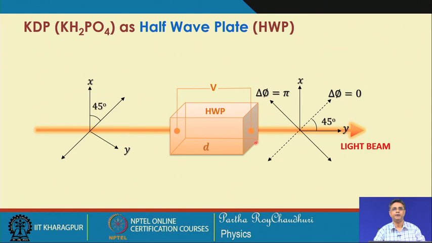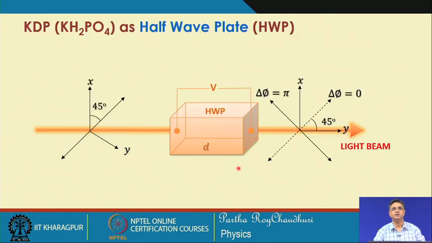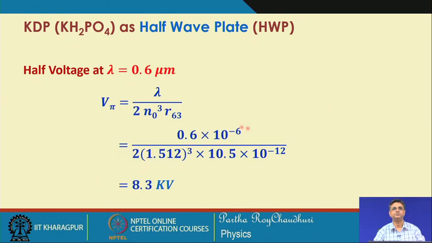So, as a half wave plate, this is the configuration. You have your x, y, and this is at 45 degrees to x and y of the old coordinate system. The voltage is applied in the longitudinal direction, this should be again L, but if we call this D, then this D, I think we should write equal to L. Then the phase shift will be 0 when it is oriented like this, but the phase shift will be equal to pi when it is oriented in this direction.